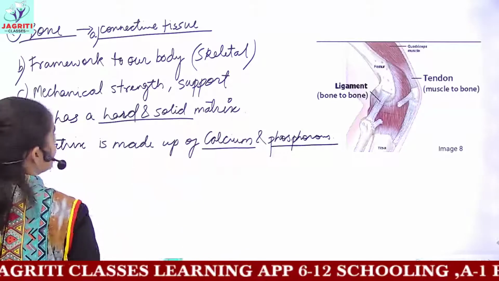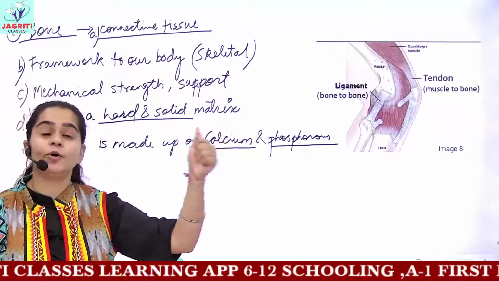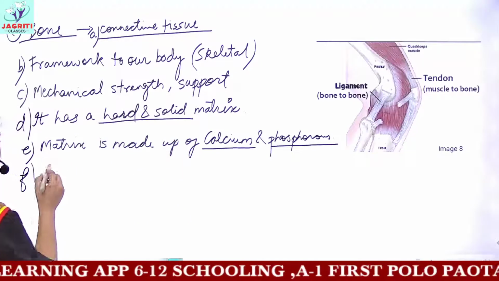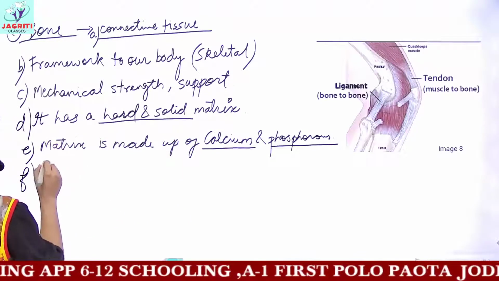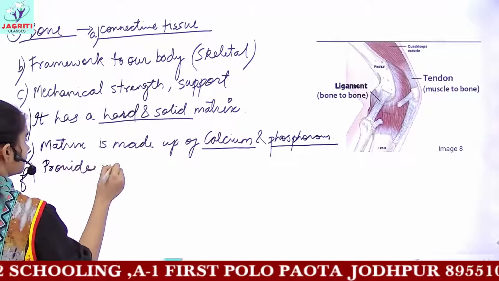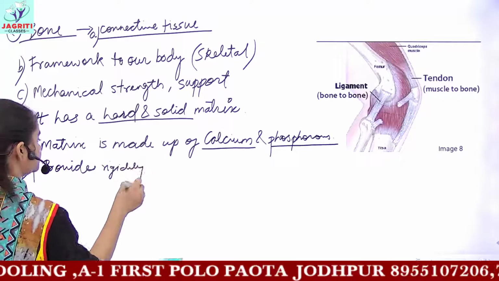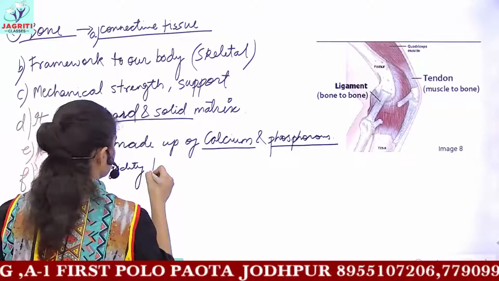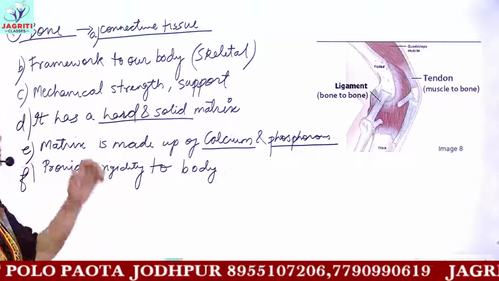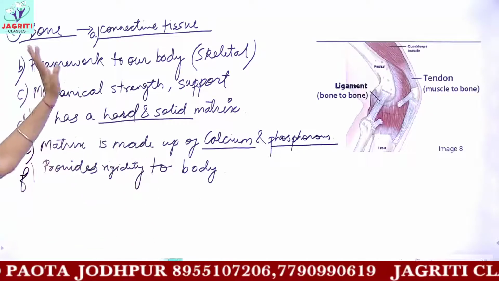And you know, calcium and phosphorus are responsible for providing you with power or with rigidity. So you can say that its another function is it provides rigidity to organisms' body. So these are the functions of bone, its structural features.